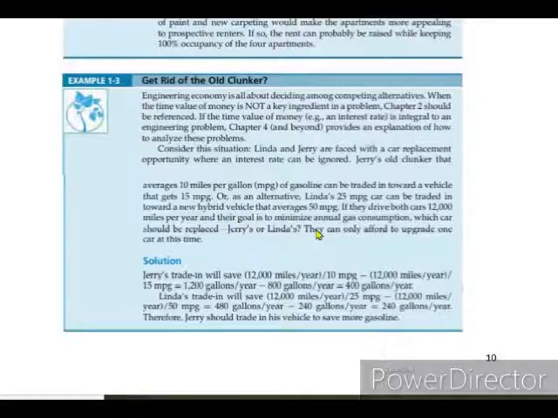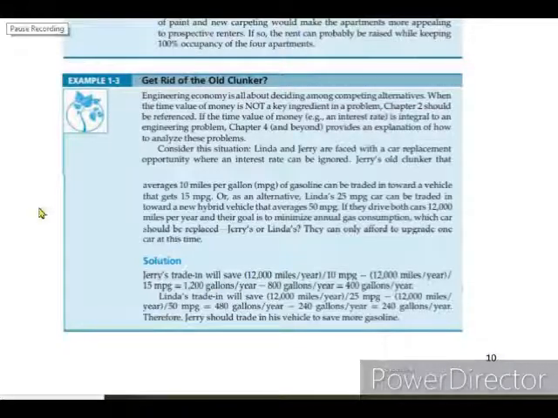Or as an alternative, Linda's 25 mpg car can be traded in toward a new hybrid vehicle that averages 50 mpg. So they can upgrade. If they drive both cars 12,000 miles per year and their goal is to minimize annual gas consumption, which car should be replaced, Jerry's or Linda's? They can only afford to upgrade one car at this time. So we have to use some computations here for the decision.